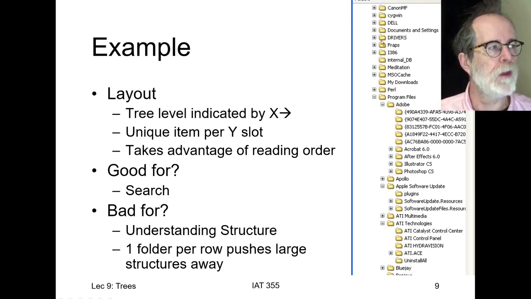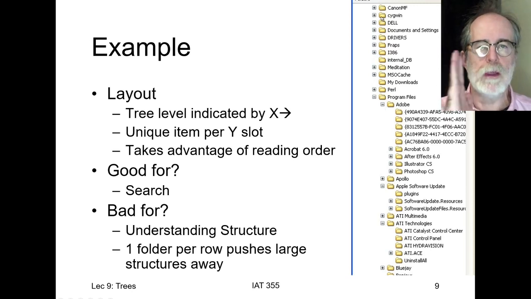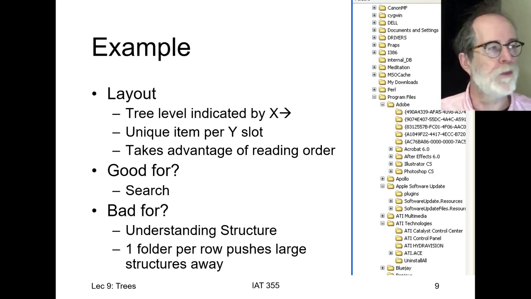And this is the immediate child nodes of the C drive. The suite of folders directly within the first layer of C. And then within that, we see Program Files is open, and there we see the Adobe folder is open and its child nodes, the Apollo folder, the Apple Software folder, ATI Technologies, etc. So this is an older screenshot of the Windows file system in which we're showing the individual folders.